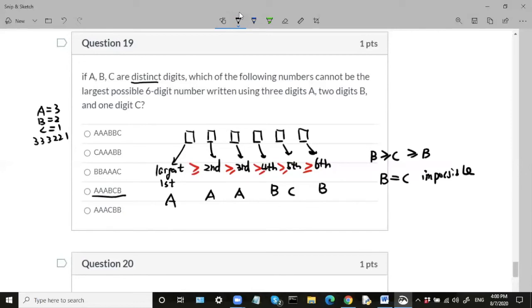Also this one, we can have C equal 3, A equal 2, and B equal 1. So then we have 3, 2, 2, 2, 1, which is the largest possible 6 digits.